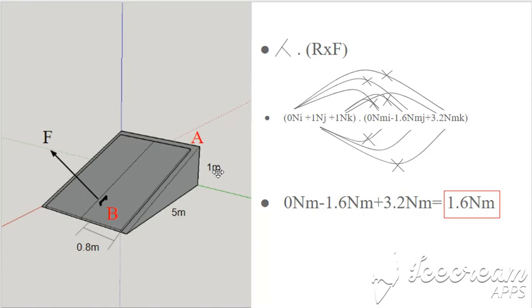With the cross product part of the equation now complete, we can now dot the unit vector of the axis, 0 I plus 1 J plus 1 K, with the R cross F component that we found previously, 0 newton meters I minus 1.6 newton meters J plus 3.2 newton meters K. When using the dot product, the only calculations that equal anything other than 0 are the calculations between the same components.